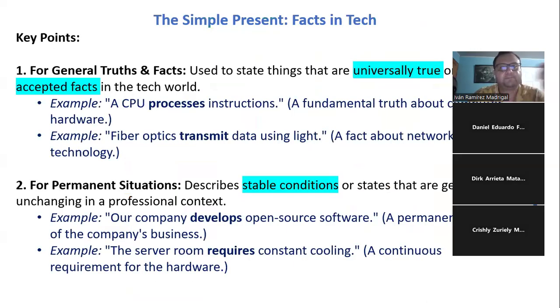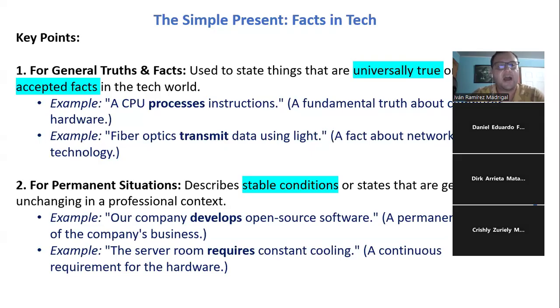Let's get to that. Okay, first we're going to talk about the simple present, okay? The simple present essentially is going to have like four main domains, let's say, four fields, four meanings in which I know I'm to use the simple present tense.